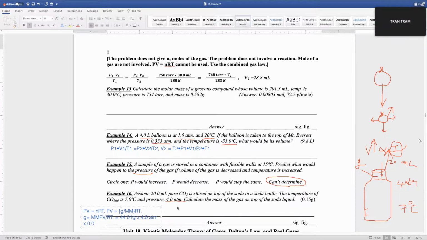It must be converted into liter because this volume is measured in liter. 0.020 liter. Divided by, in the parenthesis, what do we have?